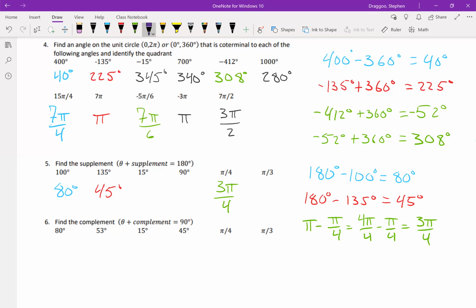And for pi over 3, pi minus pi over 3 is 3 pi over 3 minus pi over 3, or 2 pi over 3. So those are the supplements.